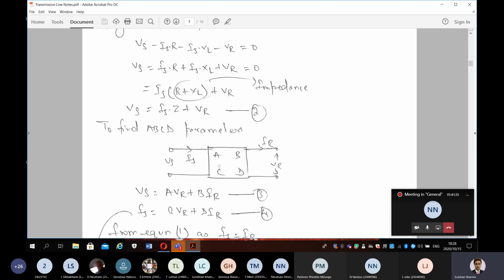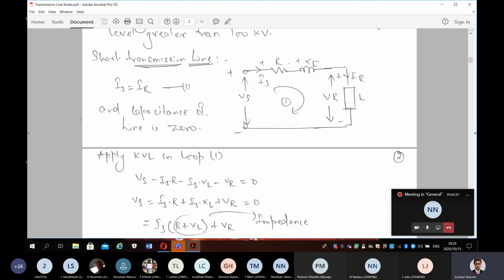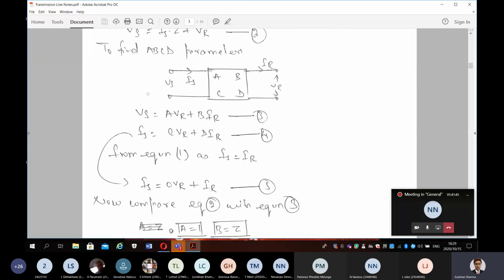Now you see that my first equation is Is equals IR, sending end current equals receiving end current. So I can write this equation on the basis of this condition.